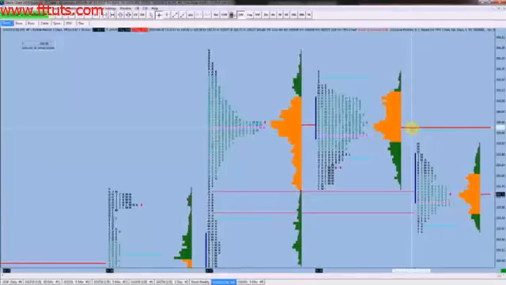The purpose of the market is to try and find the best possible price to do this, where buyers and sellers agree that the price is fair. Fair value. It's at that price that the auction has balanced and that everybody agrees. And of course it shifts, and if sellers disappear for a bit, buyers might try and push it up until such point as sellers step back in and say, calm down, this is out of value.